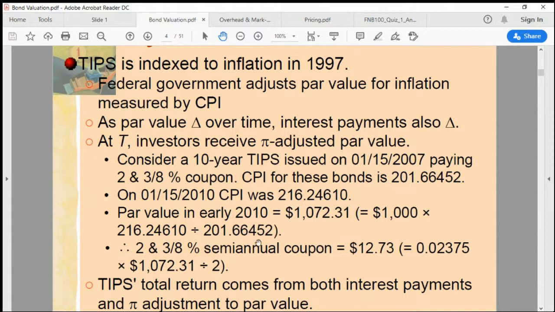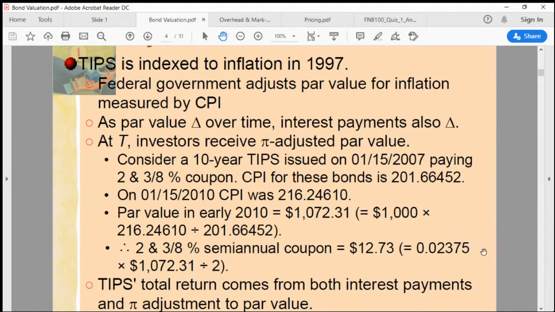And then since this is the par value, the coupon interest will be 2 3/8%, which, if you convert it into a percentage, is 2.375%.